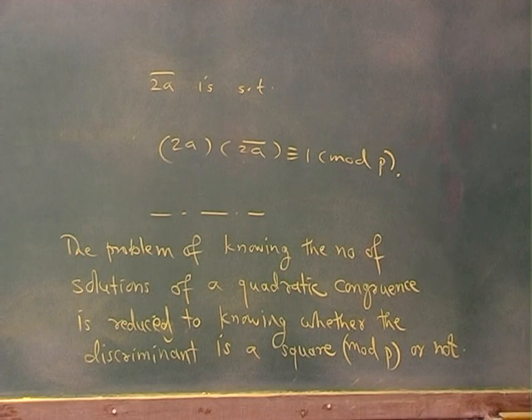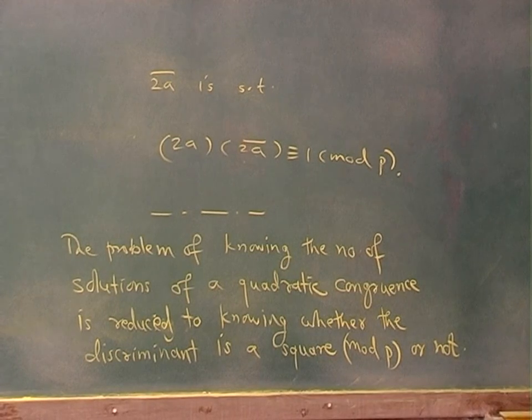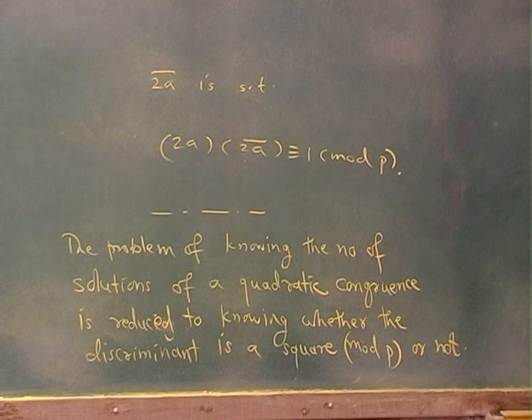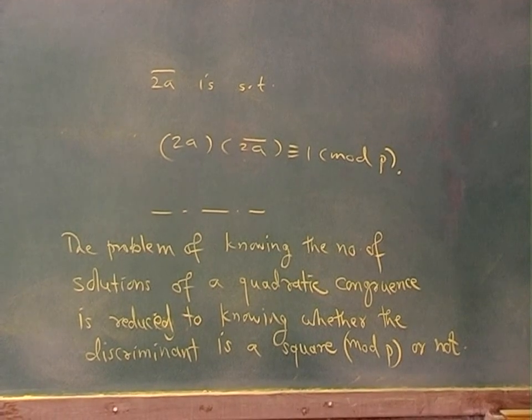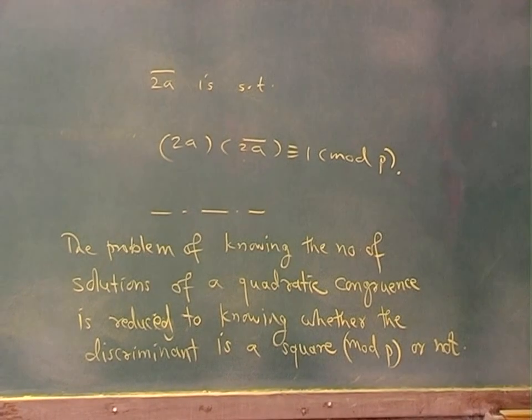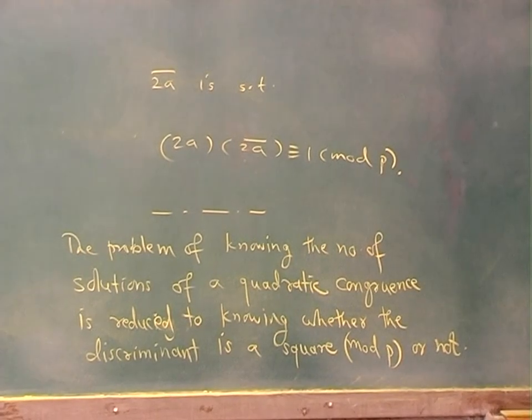In this context, one studies squares mod p, and mathematicians have found some nice ways of determining whether an integer is a square mod p or not. And in that context, one has the concept of quadratic residue and non-residue.